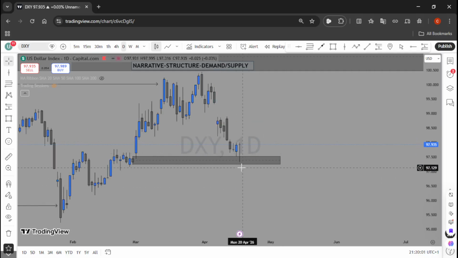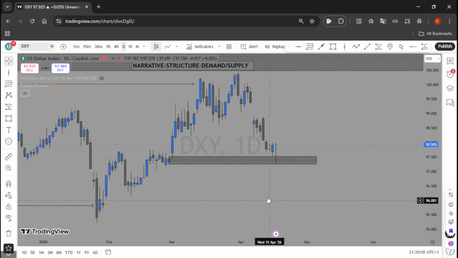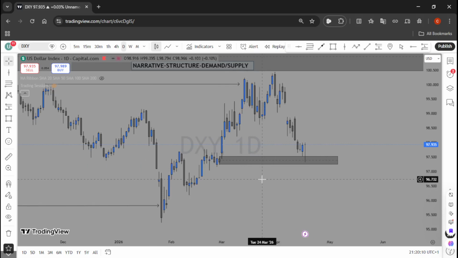Now we see strong rejections and price failing to close below this area, which signals to us that price is confirming the bias which I actually had on the weekly time frame. So now we are anticipating price to go take this institutional high.